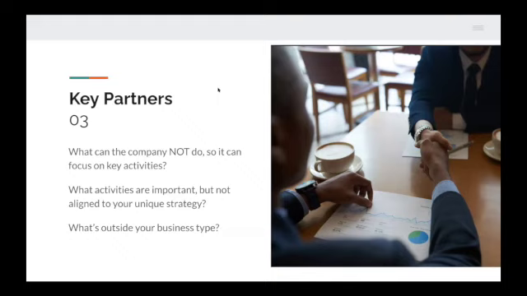So as a restaurant owner, should you go out and open your own farm and produce your own food to bring to your restaurant? Probably not, because you just don't have time for it. But quality ingredients and food are really essential to a restaurant.